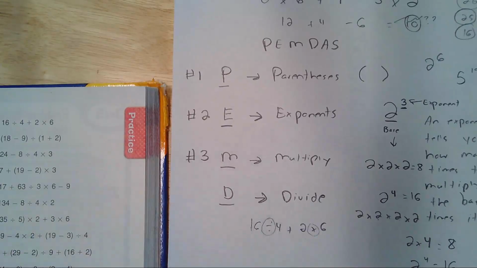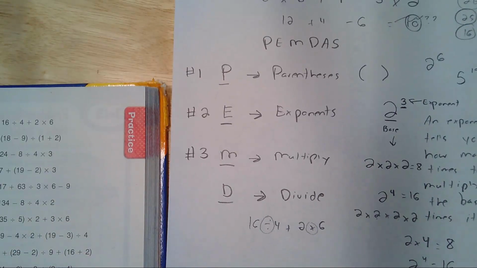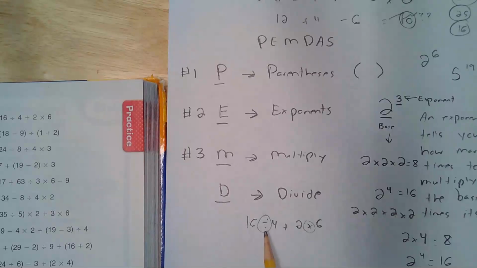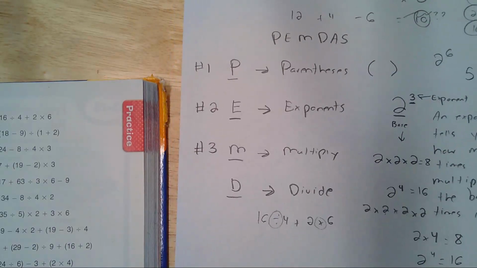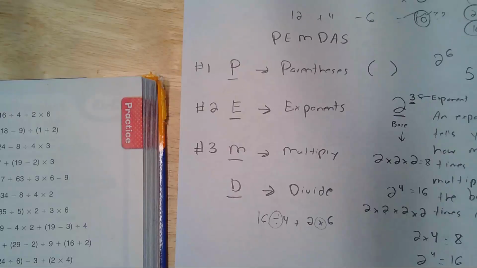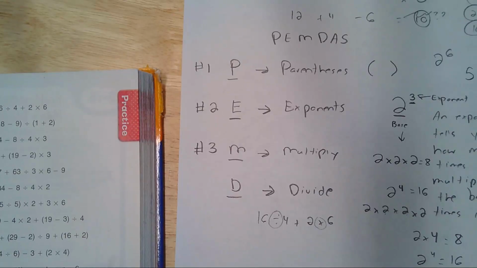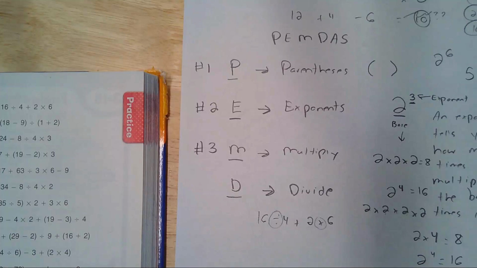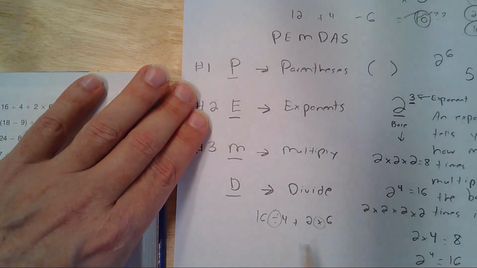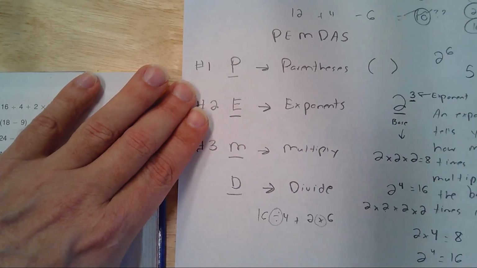Now I'm up to step 3, multiply and divide. I see a divide over here, a multiply here. Which one do I do first? And it matters which one you do first. This is number 14. Multiply and divide, they tie. So what you do first in case of a tie is you work left to right.